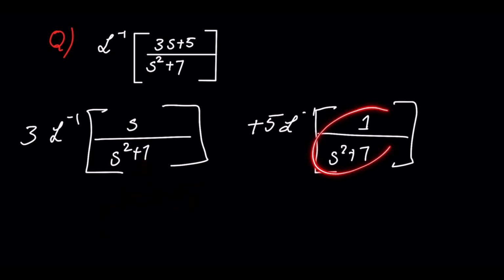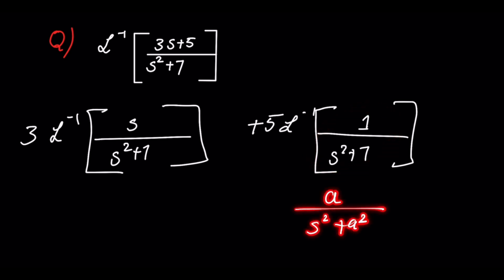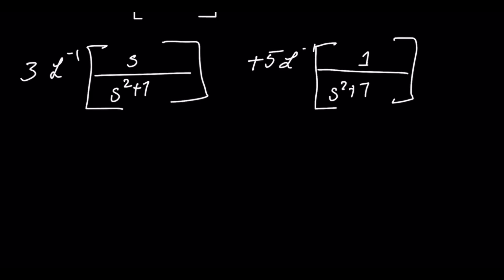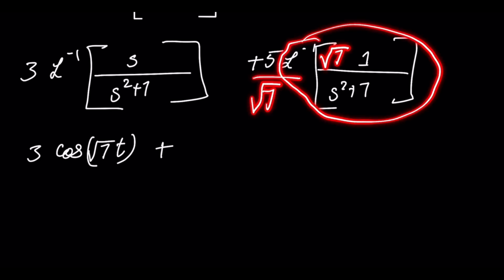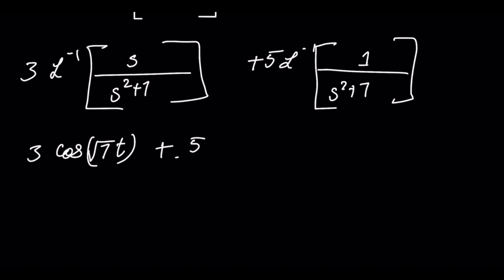And this also matches the form of a divided by s squared plus a squared, where a is equal to square root of 7. This is our final answer.